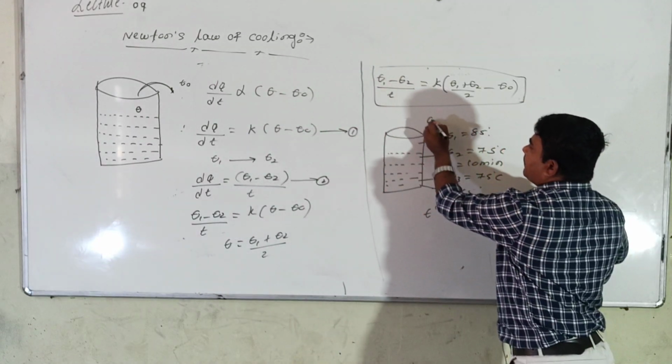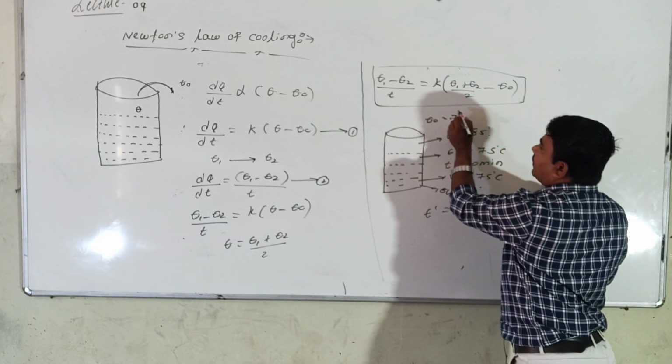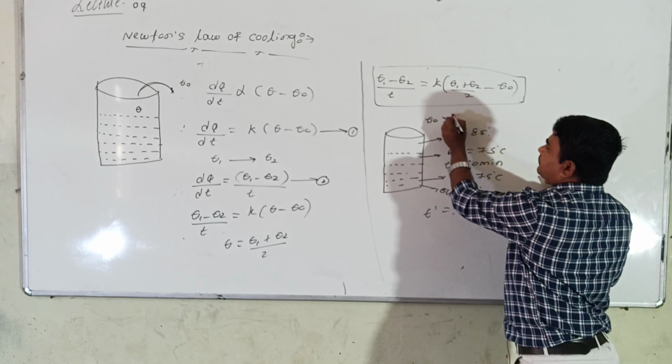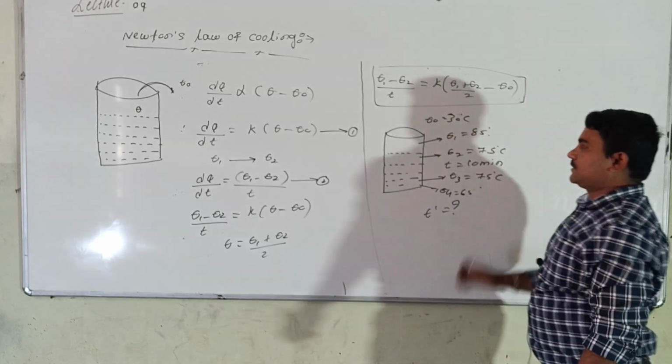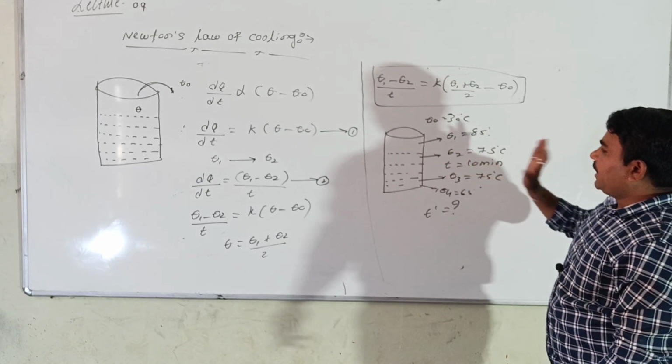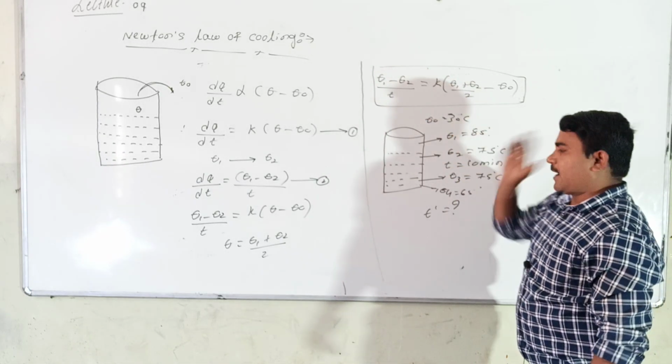Remember, theta naught represents the temperature of the surrounding. It could be 70 or 30 degrees, no matter; I will take 30 degrees Celsius. For theta 1 and theta 2, initially I will solve for the k value.